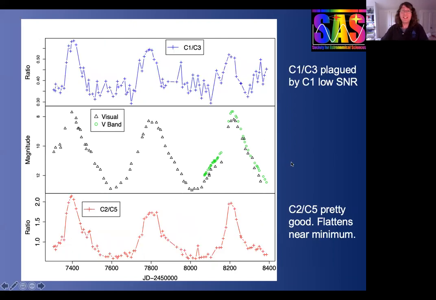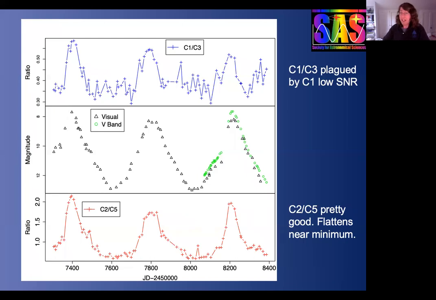As predicted, the C2 to C5 ratio varies clearly in sync with the brightness. See on the bottom here, the C2 C5 ratio goes up with the brightness and down with the brightness. This supports our hypothesis that it is an effective measurement of spectral type in these cooler stars.